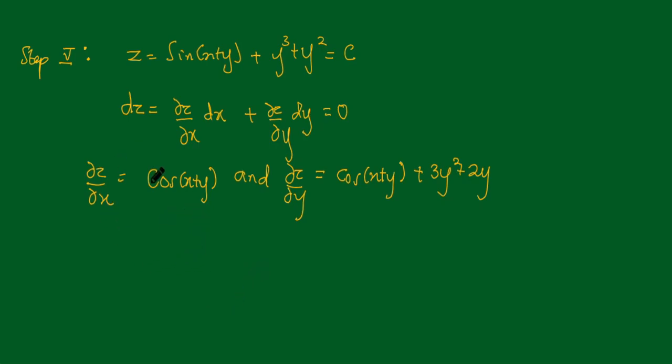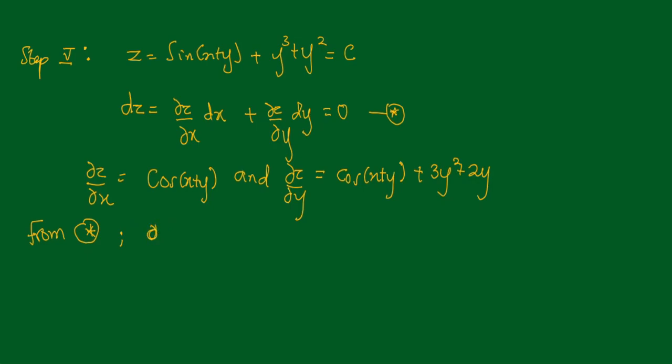So in this case, we can substitute this into the expression for dz. Let's call it equation star, or asterisk.